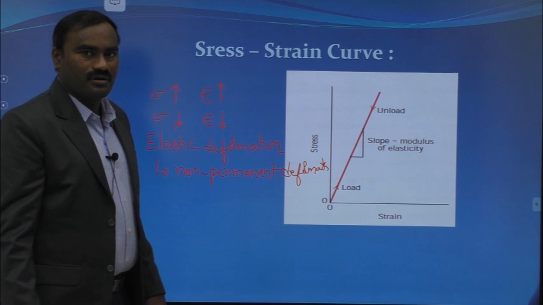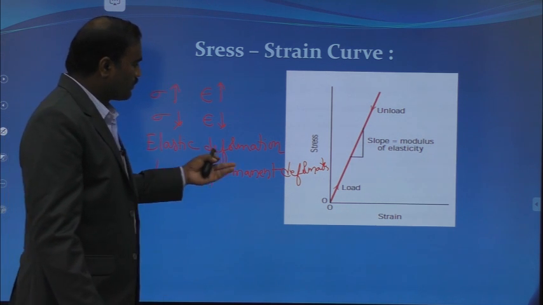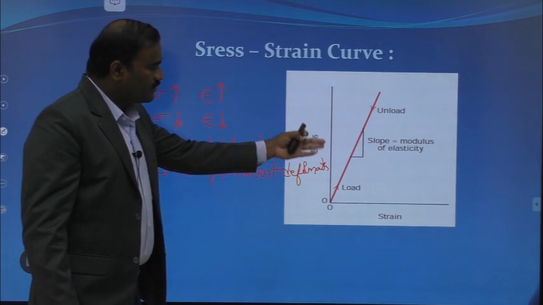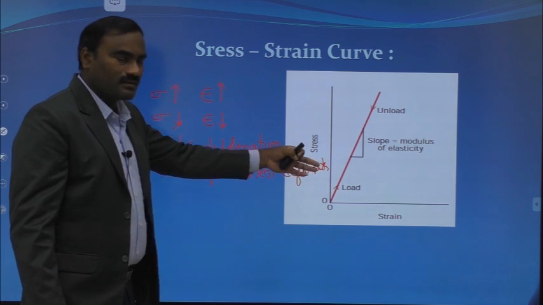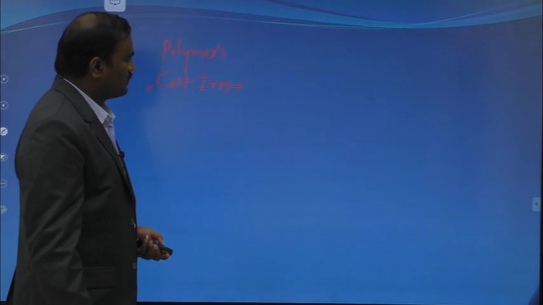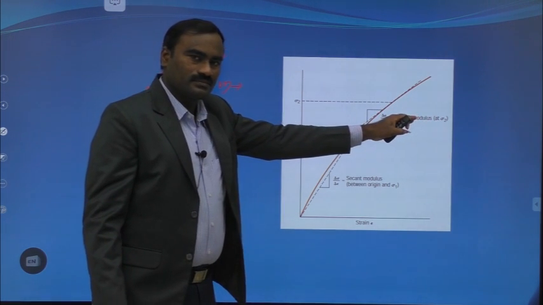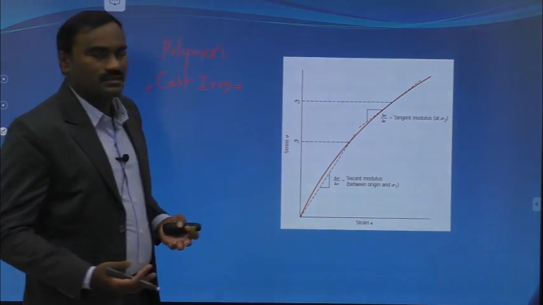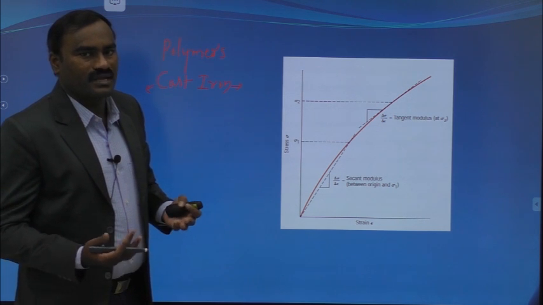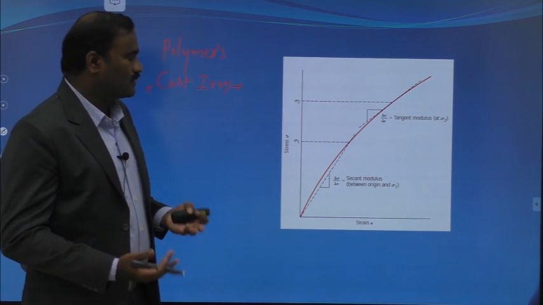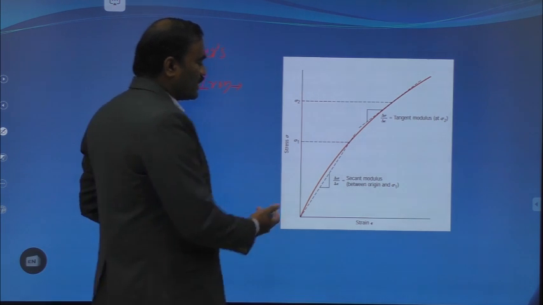For most of the metals the curve is linear, but for other materials, if the curve is not linear, then how do we measure the modulus of elasticity or stiffness of that particular material? You can have two methods.